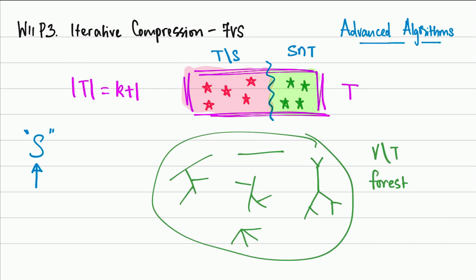And if we zoom into the issue here, basically we want to know, how can we do the work that the vertices in T minus S were doing before for us, using hopefully fewer vertices than we used in T minus S. It may be useful to recall how we handled this for vertex cover.